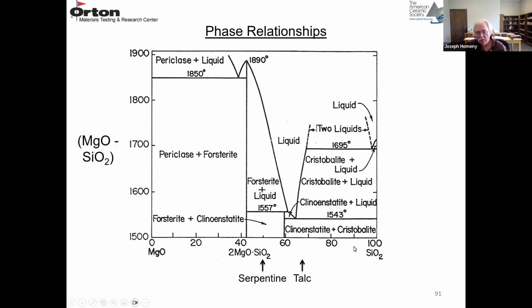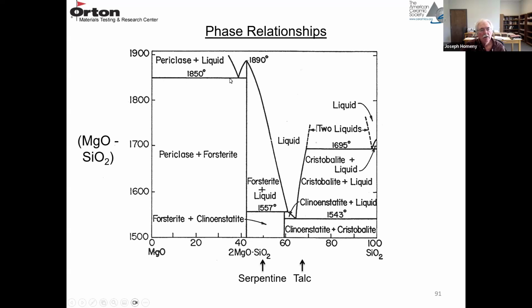So here's the MgO-SiO2 phase diagram. This is 100% MgO. This is 100% SiO2. And right here, this vertical line is 2MgO·SiO2. That's phosphorite. So to the left of this line at the higher MgO contents, you're in the phase field of MgO, periclase, and phosphorite.